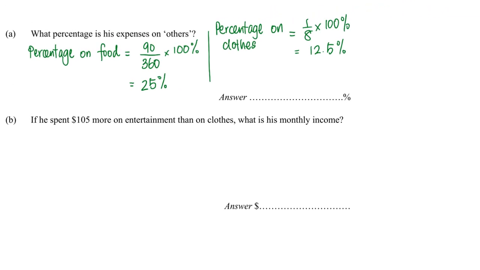And therefore the percentage on others is equal to 100% minus away my 25% on food, 12.5% on clothes.